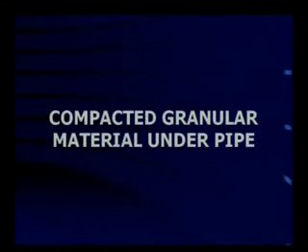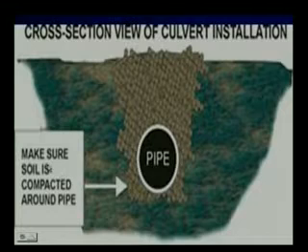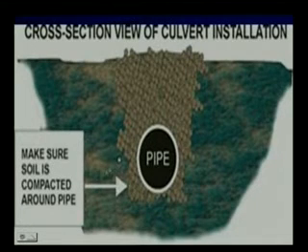This is compacted granular material under the pipe. Let me repeat that compacted granular material is required so as to keep the pipe in position, right? Now see here, it is very much essential for us to make sure that the material around the pipe is compacted.